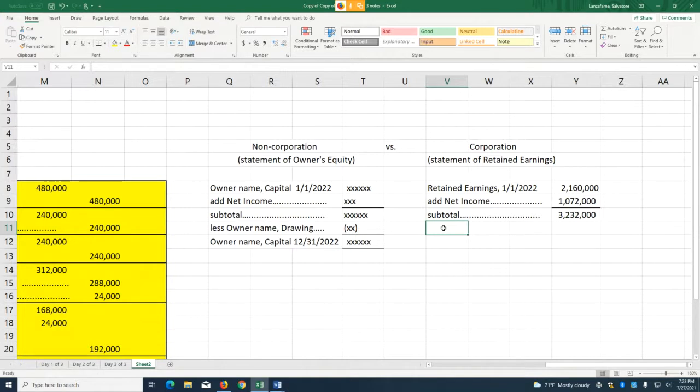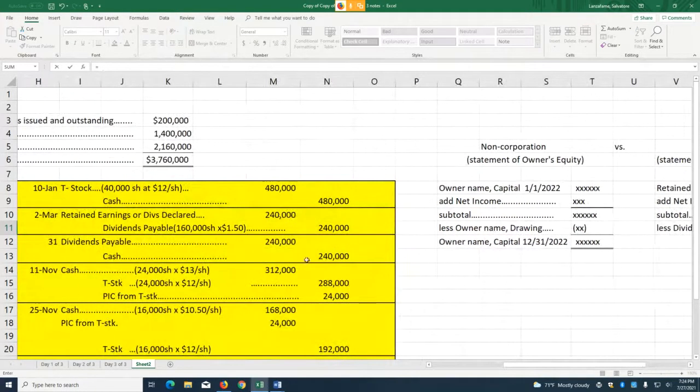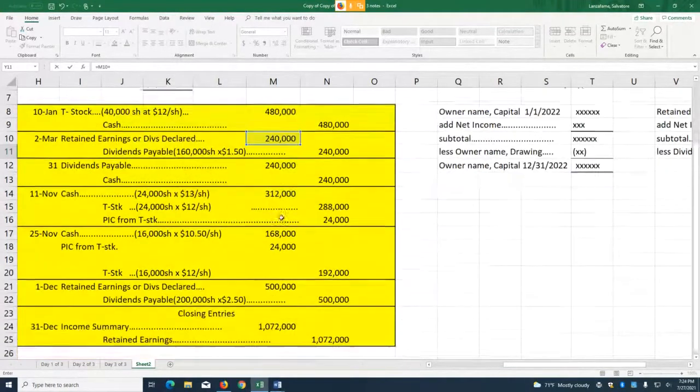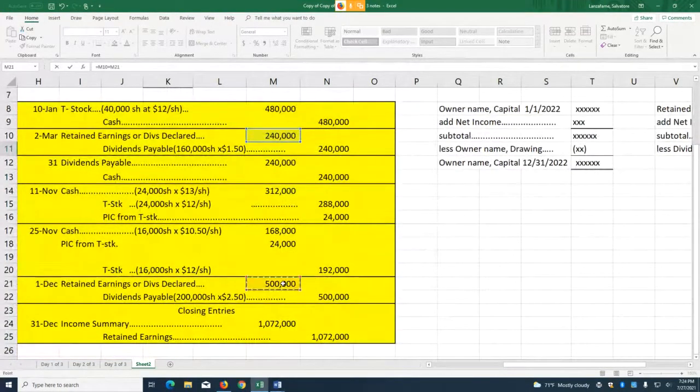We don't have drawing, but we have the equivalent of dividends. So the dividends, every time I debited dividends over here, 240 plus 500,000.